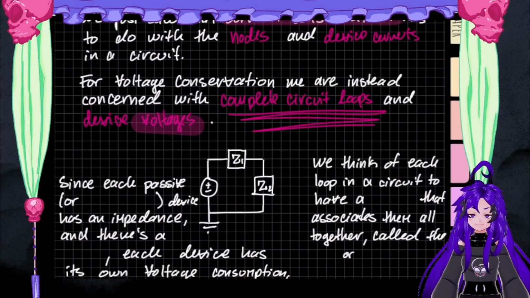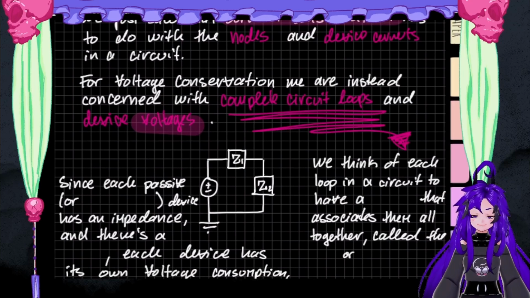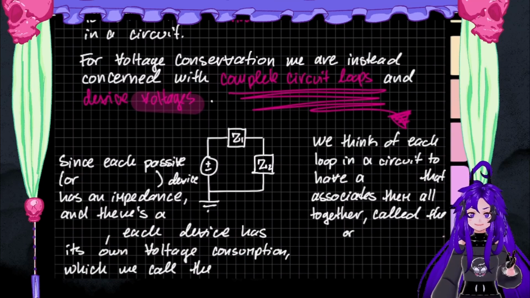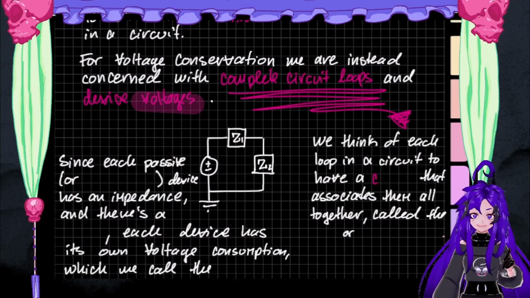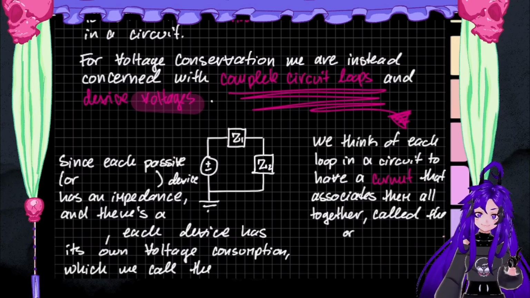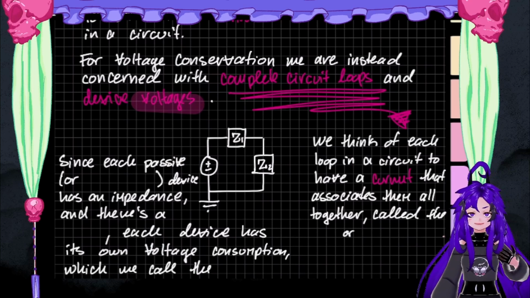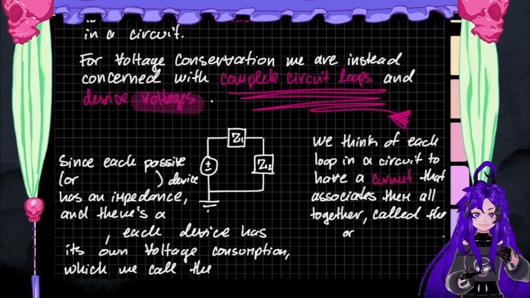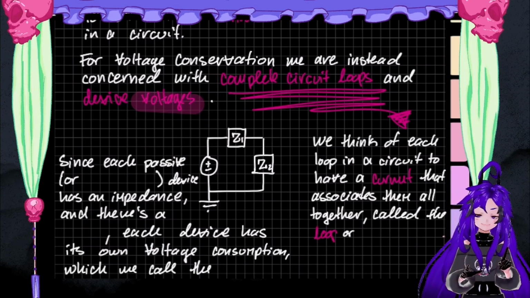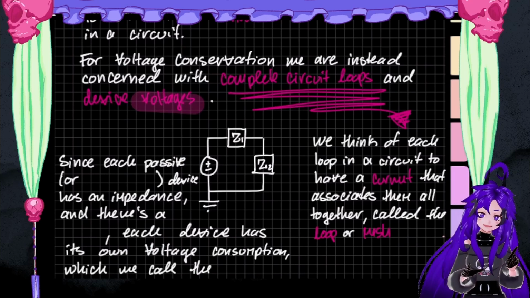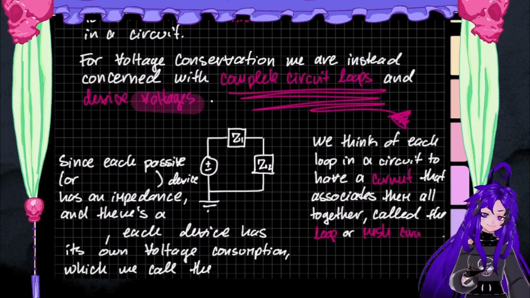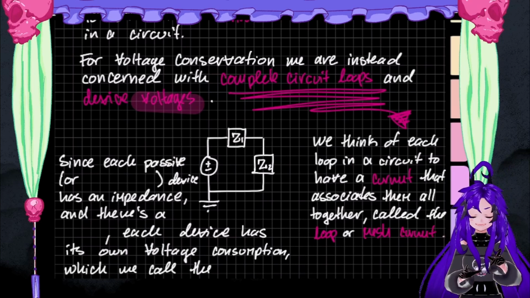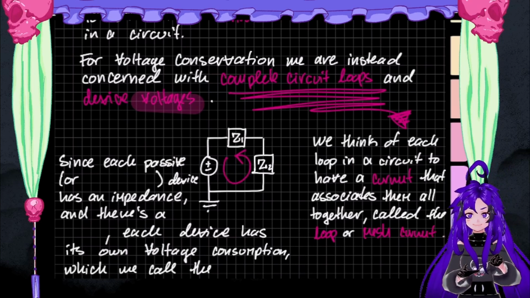So the complete circuit loops, we think of each loop in a circuit to have a current that associates all the devices on it, right? And we call that the loop or mesh current. So that would be like this.